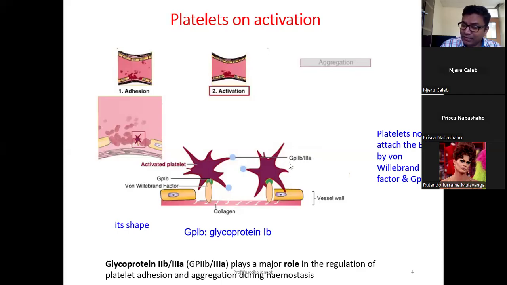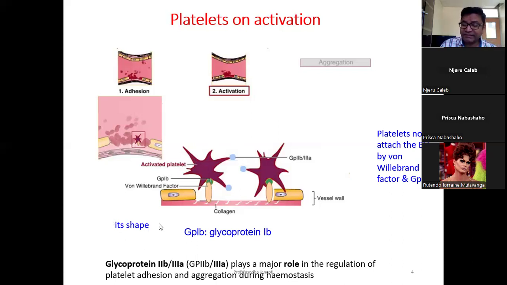They are in a dormant stage, and now they get activated, causing cross-linking of the platelets. That is what we have written: glycoprotein 2B or 3A plays a major role in regulation of platelet adhesion and aggregation during hemostasis.